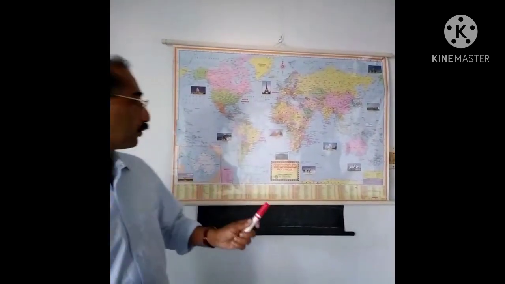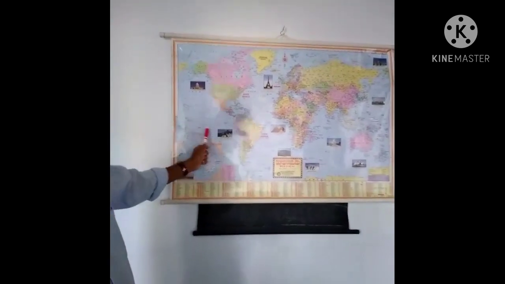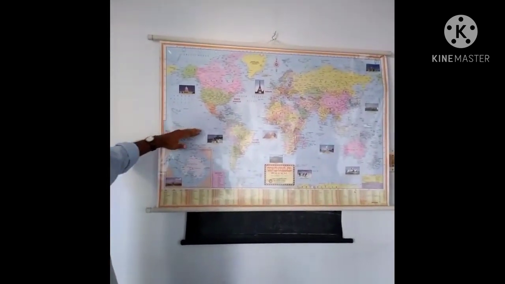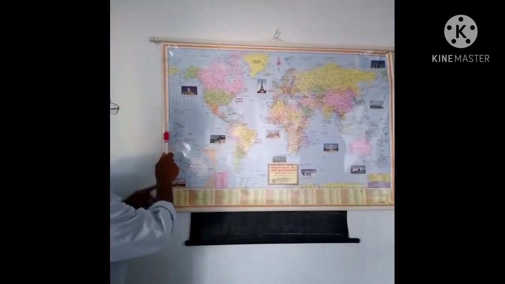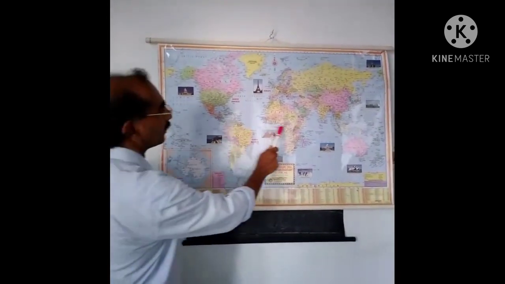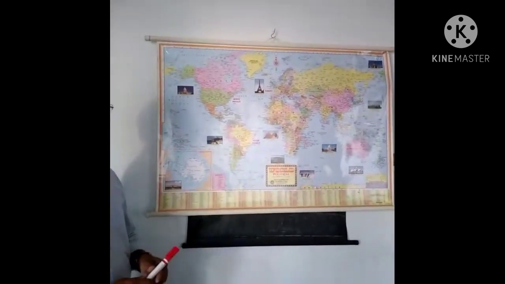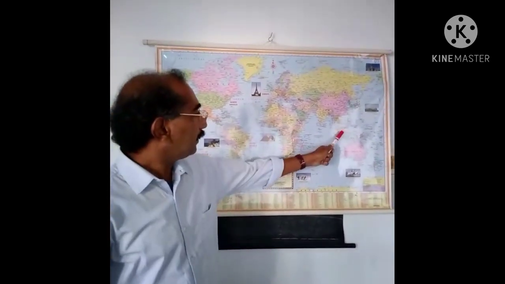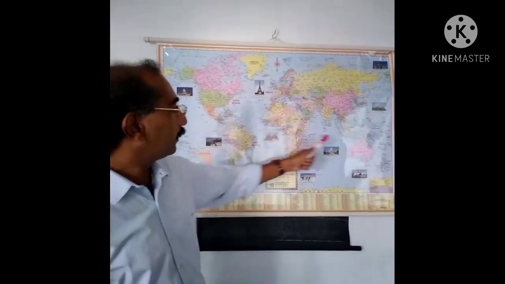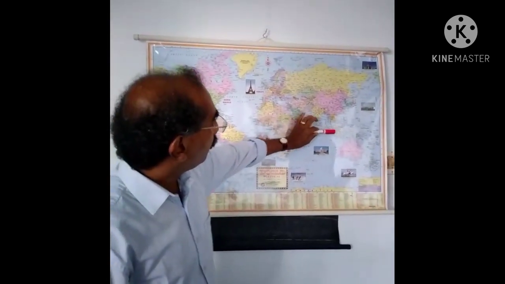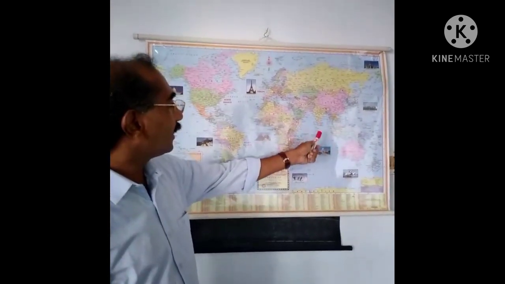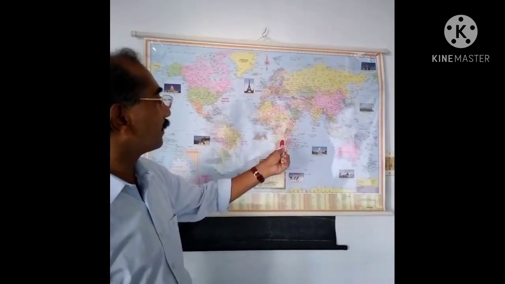For that we need to study some of these aspects. Here you see the world map. This is the 0° latitude, that is the equator. Near the equator, as you know, it is very hot. You have studied earlier. And this region will be very hot as the sunlight reaches here directly.